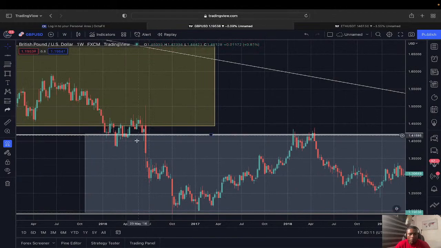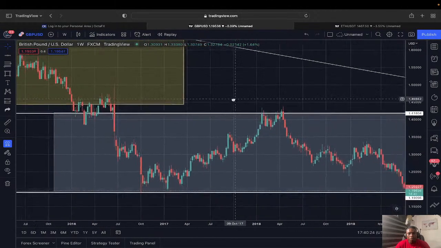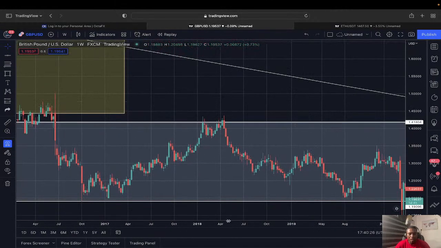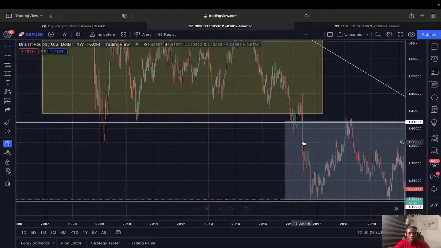Do you see that? So there was a breakout, a little bit of pullback, and then price kept going below this breakout level. And that's where we are right now.